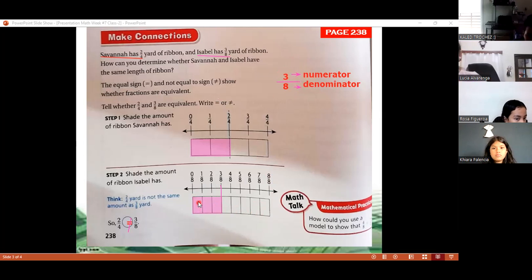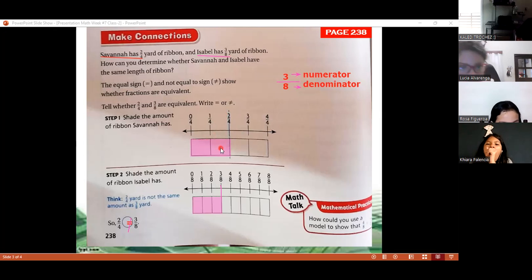I just need to color 3, 1, 2, and 3, because the numerator is telling me to use just 3 of these 8 parts that I have. In this case, I have 2 out of 4 because the numerator tells me just take 2 of the 4 parts that you have and color these 2.